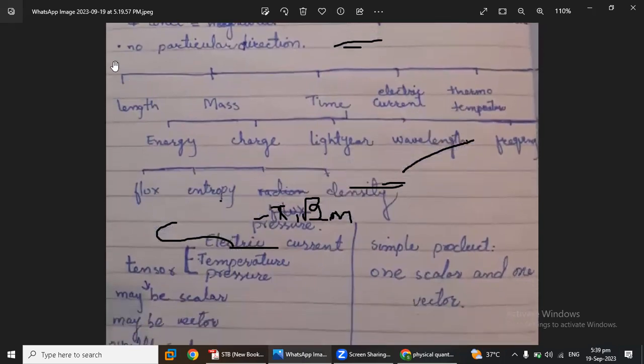The quantity length. Length can be anything of measure, like measuring distance from here to here, or measuring the length of the cloth, the length of a block, the length of an object. Any length of any particular object is measured in meter.